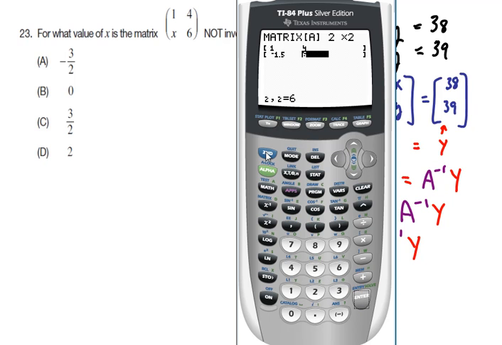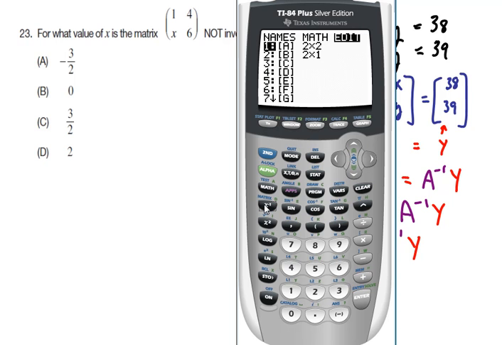Now, if I went out again, cleared out, and I did matrix A and did inverse, it gave me an inverse. So that tells me that that has an inverse. I want to go back to matrices.